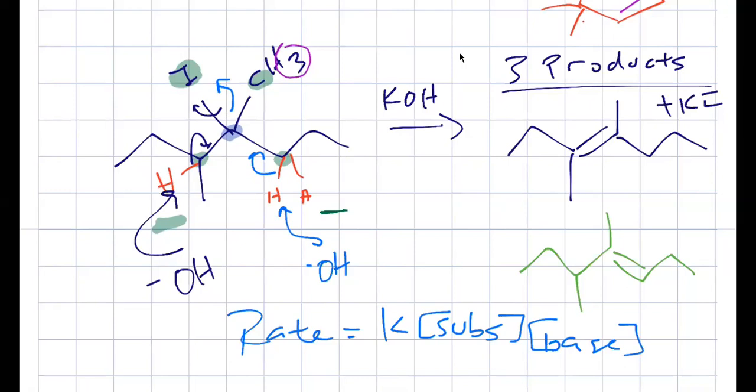It's second order overall, and anything you do to one reactant is going to affect the rate, right? So the same principles apply. If I double both, it's going to quadruple. If I triple both, it'll increase by 9 times. If I cut one in half and double one, it's no change. So it's the same principles that govern the SN2. The only difference is the outcome of the reaction, right?